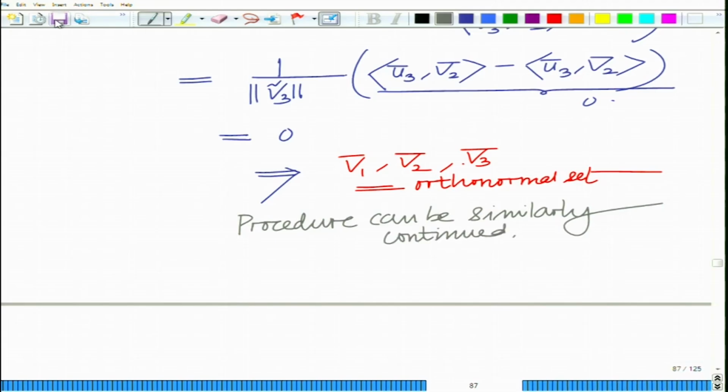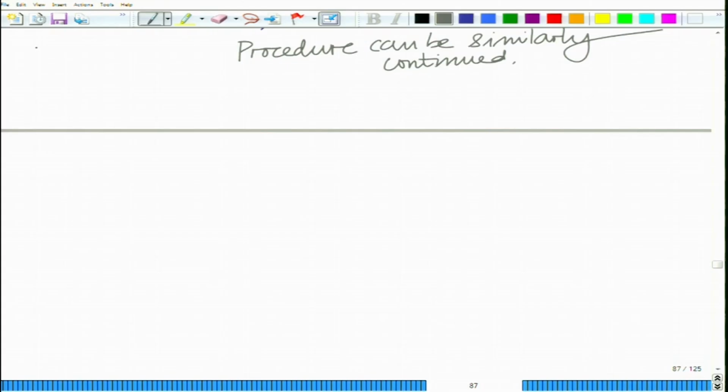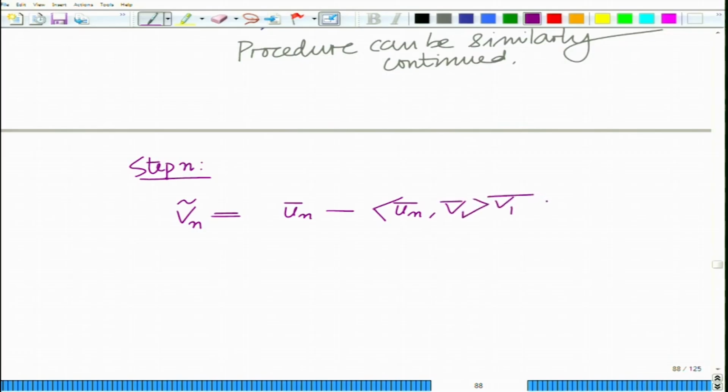And the procedure can be similarly continued. What we do in step n is we have Vn tilde, this will be Un bar minus the inner product of Un bar and V1 bar into V1 bar, minus the projection of Un bar on V2 bar, remove that, and so on.